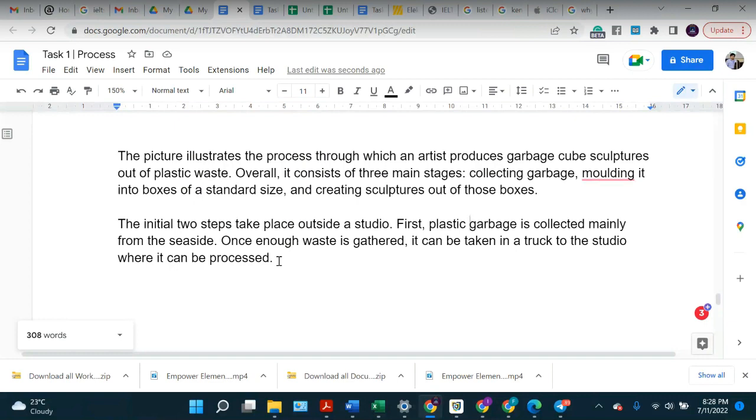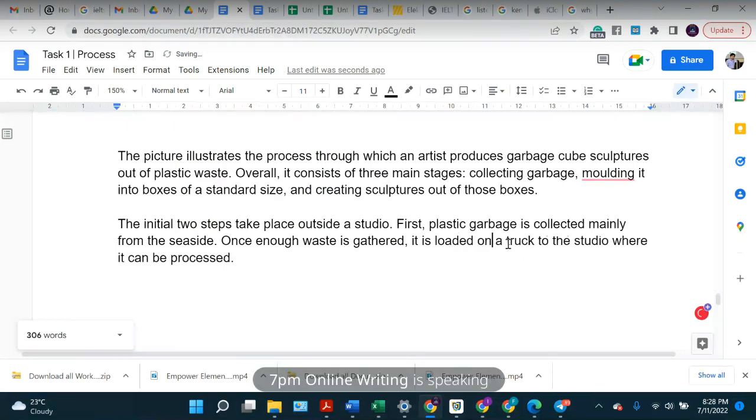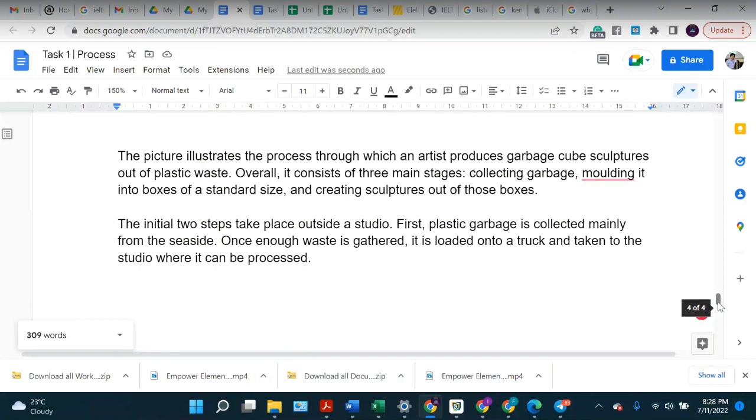So I think we've made it long enough. Maybe you can say it's loaded onto a truck, and taken to the studio where it can be processed. So we have enough words.